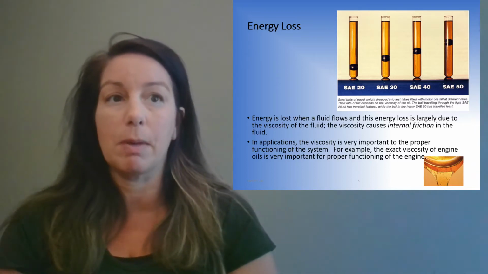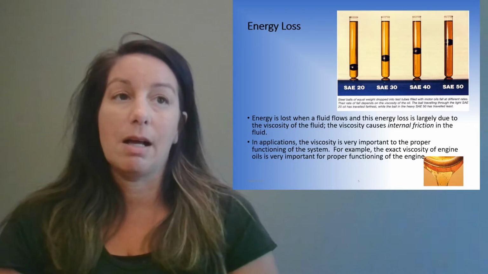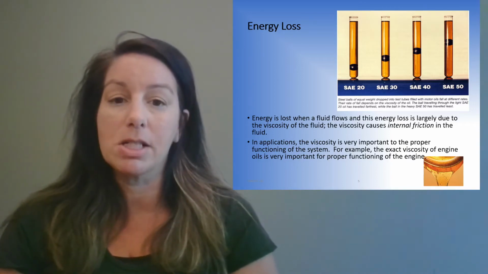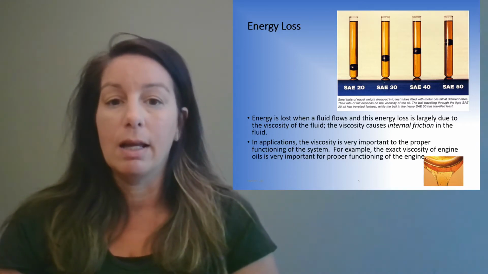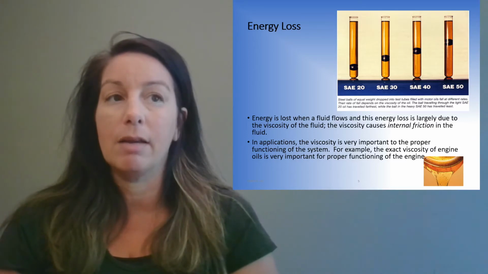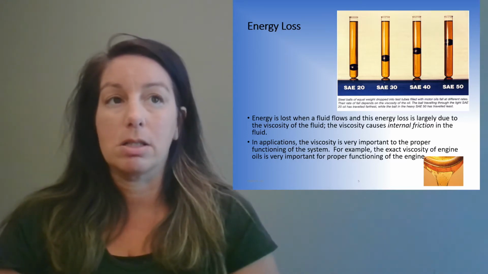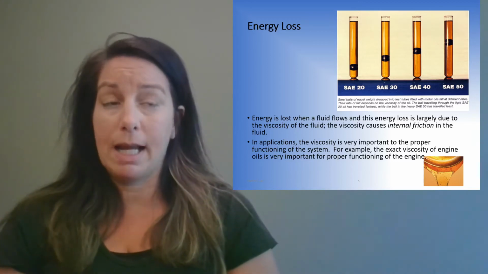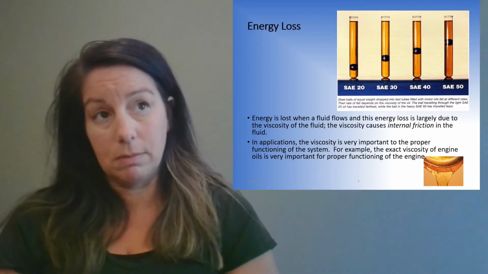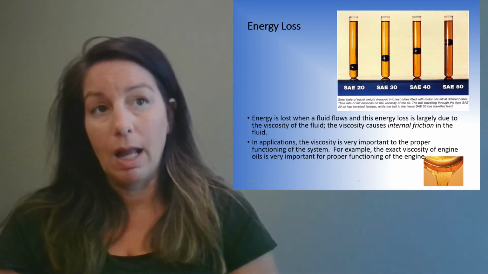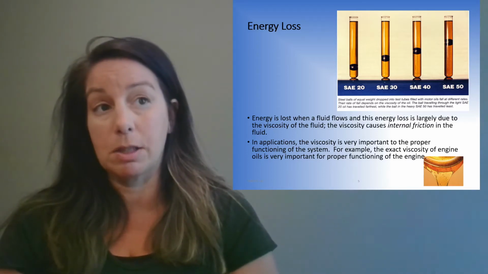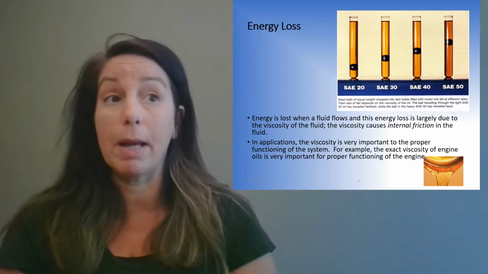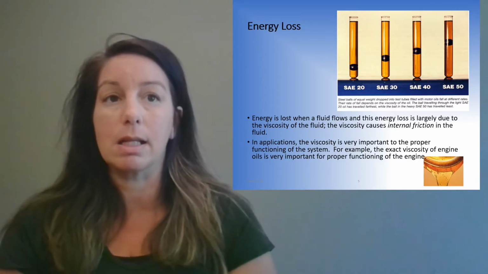I don't know if you guys have noticed this, but lots of times they've got these different classifications of motor oil. We've got SAE20 up to SAE50. Yes, the colors are different, but basically what do they have here? They've taken a steel ball, same steel ball, and dropped them all in these test tubes, all at the same time, basically. We'll get into this a little bit later.